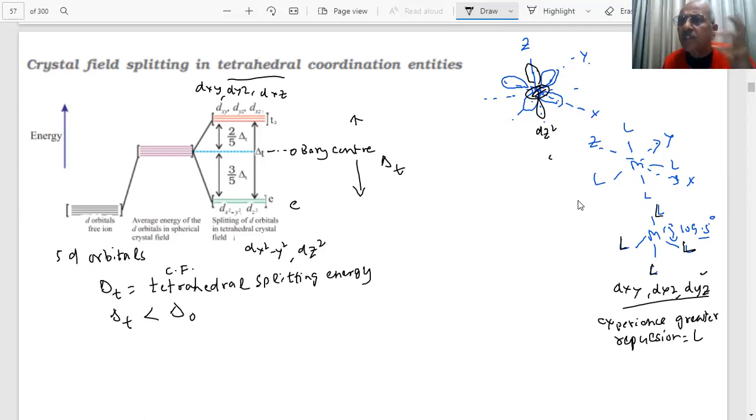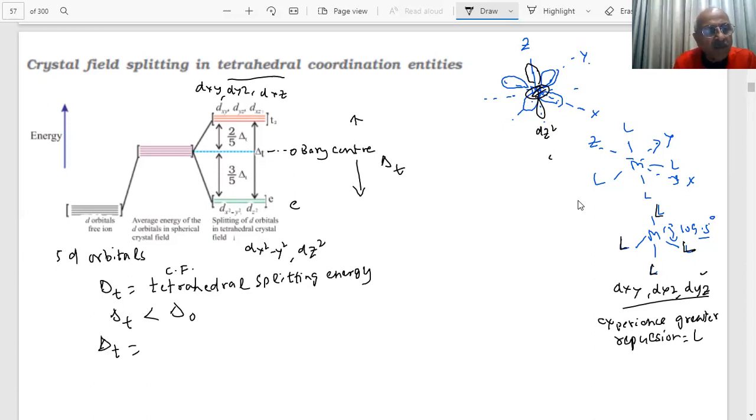That means the charge is decreasing. The higher the charge density, the more the crystal field splitting. So this splitting energy is small.